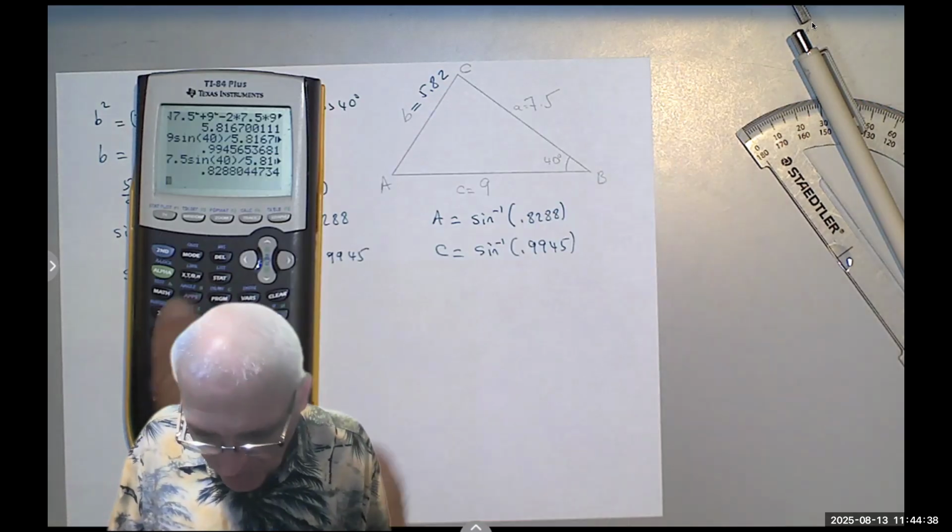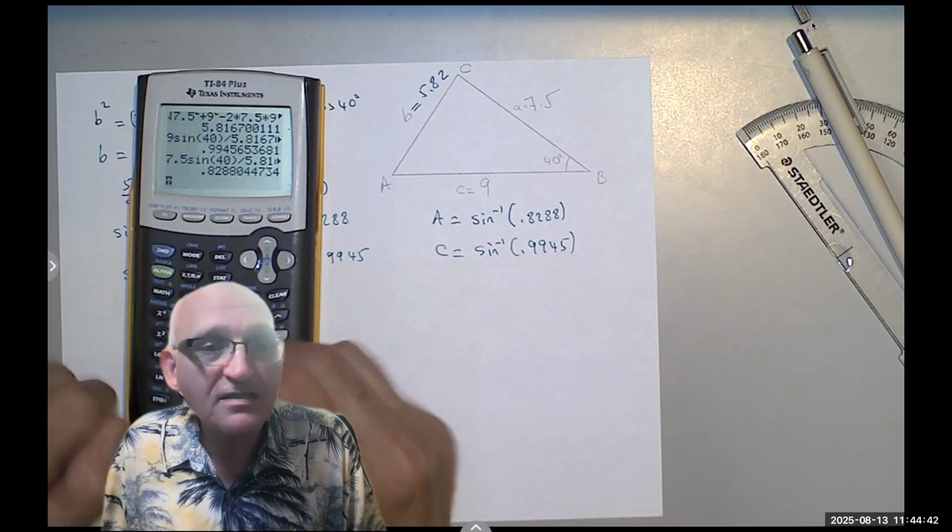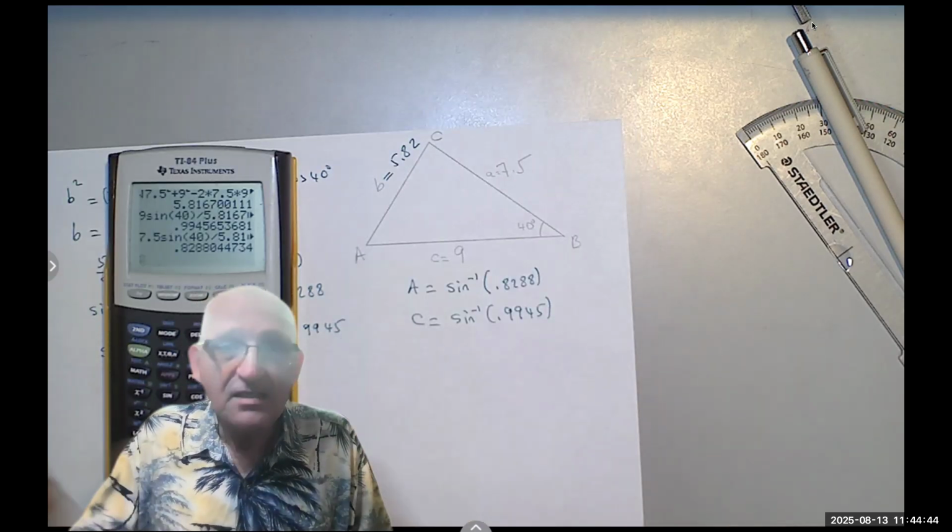Okay, so you do second sine, and you can see the arc sine written here, right? Let me enlarge this and make it larger so you can better see that.